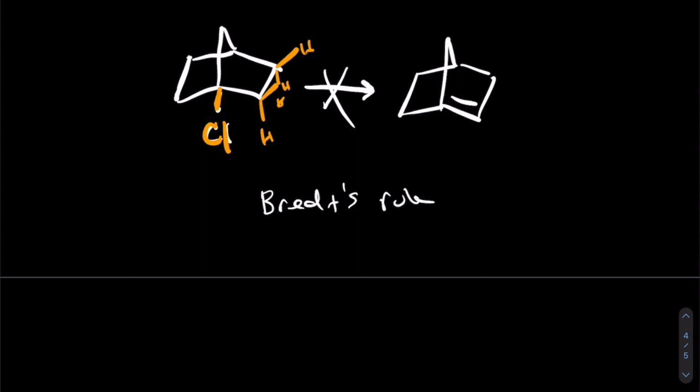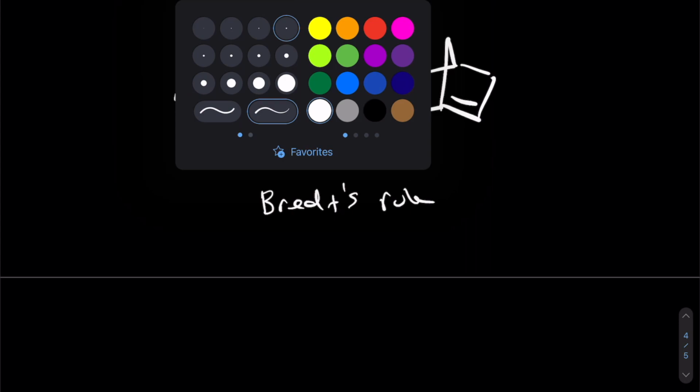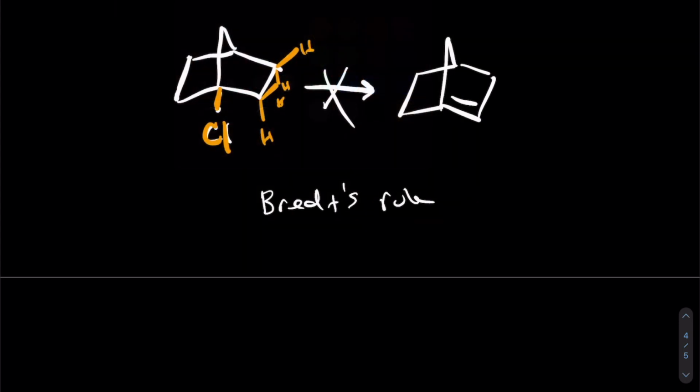All right, and Bredt's rule essentially says that you just can't form any sort of double bond at a bridgehead position because the geometry of this double bond that you get here, this weird looking thing where that's going away from you, just doesn't work. So in the norbornane looking things, those sorts of systems, they don't actually work very well.